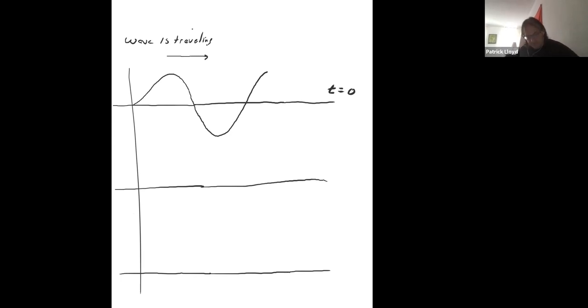Now, I'm going to call this A, B, C, and D. Okay. Now what I'm going to say is that at time equals 1, whatever that unit happens to be, the A is now over here.